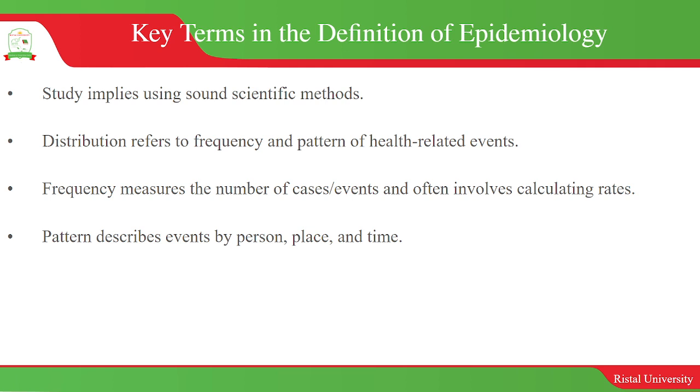Is it women who are aged between 17 to 25? Is it women of advanced age, towards menopause? So we want to know who these people are by their characteristics in terms of age, gender, and other characteristics such as socioeconomic status. We also want to know them by place: which state, which county, which boma.